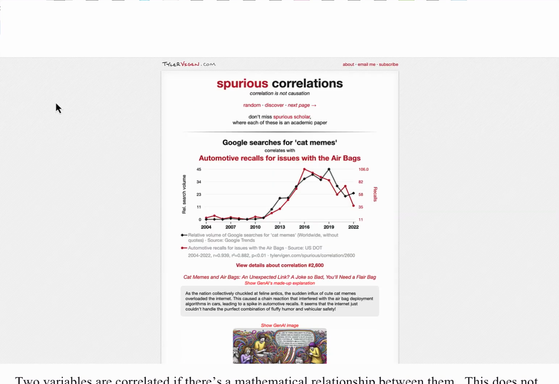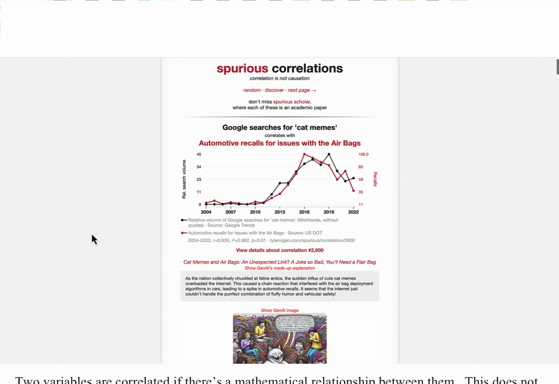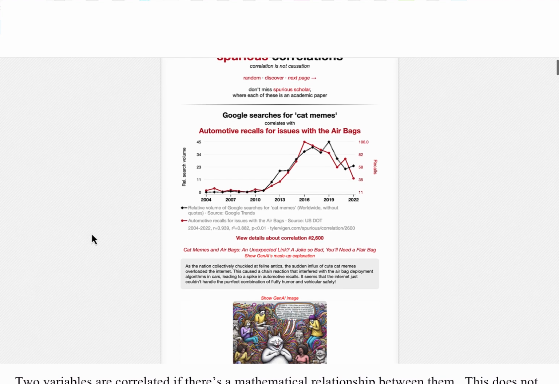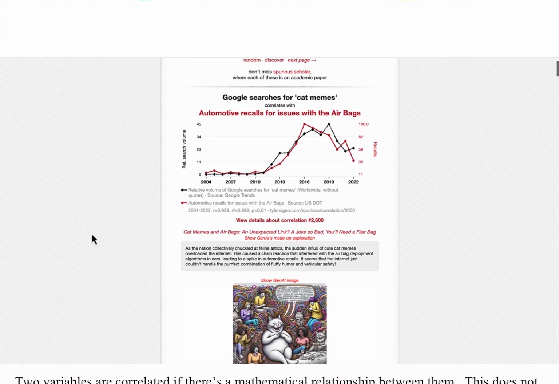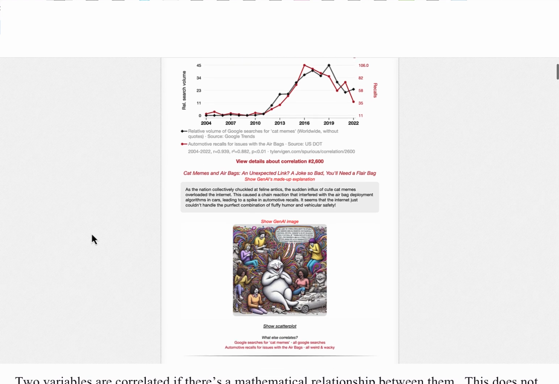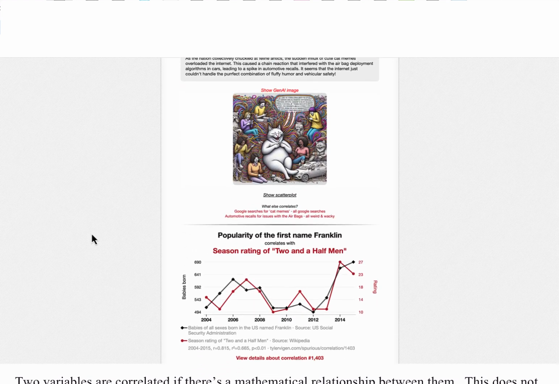I got these all from the website of a guy named Tyler Vigen, who has a whole website devoted to coming up with these. And he explains on there what he does. He will, for example, get a bunch of data on, say, the number of registered nurses in Arizona. And then he'll get all kinds of data on all kinds of other things, and he'll just start going through the data to see if there's any two that match up.